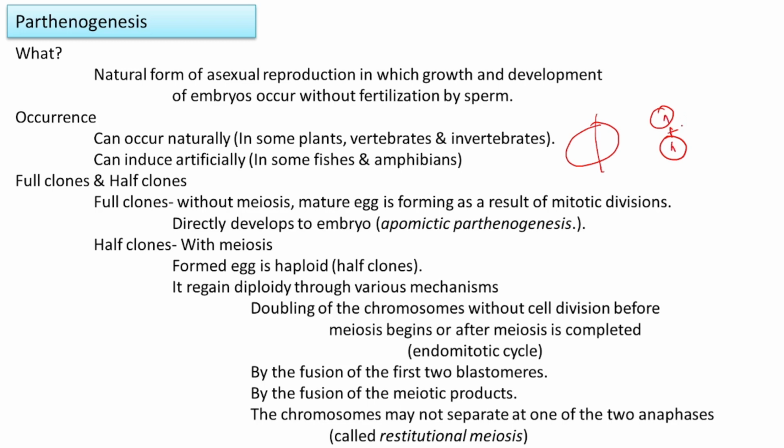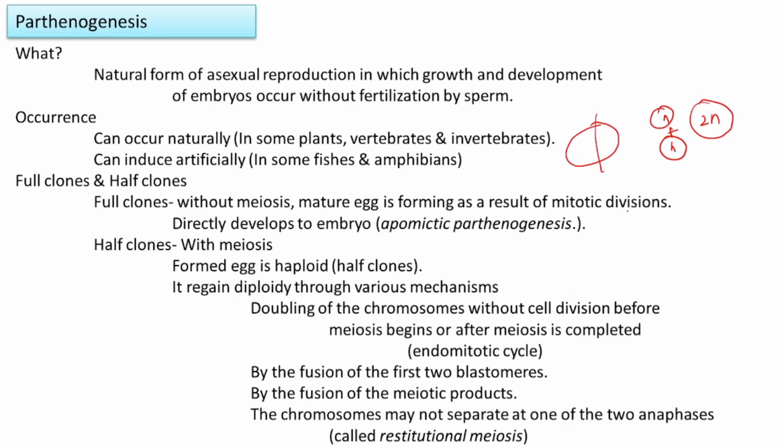They will be haploid. As they fuse, they can develop a single diploid cell, and later they undergo mitotic division and regain the diploid state. This is another mechanism.